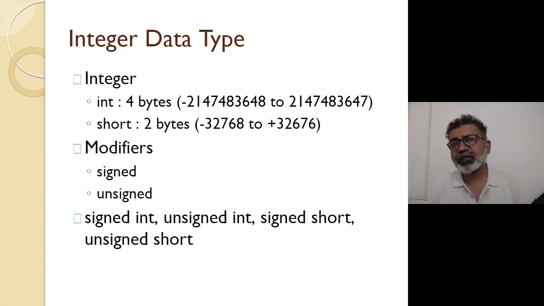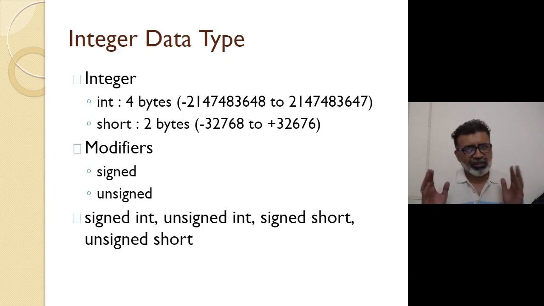As far as modifiers are concerned, there is signed and unsigned. Signed is by default, and unsigned is if you want to store positive numbers only, right? So in that case, range is doubled, but memory is that much only.